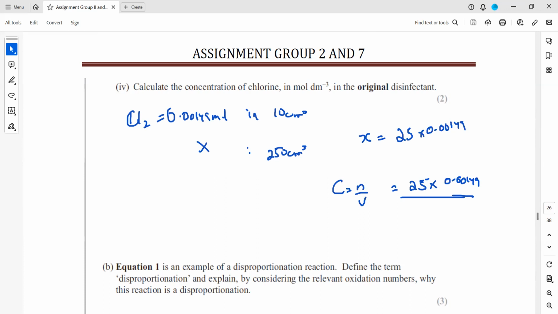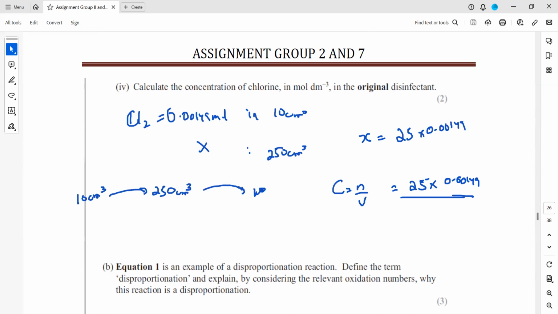You can also, the original volume of the disinfectant was 10, and then what we did, first we were having 10 cm cube of disinfectant, we dilute the solution and make it 250 cm cube, and then we took out 10.